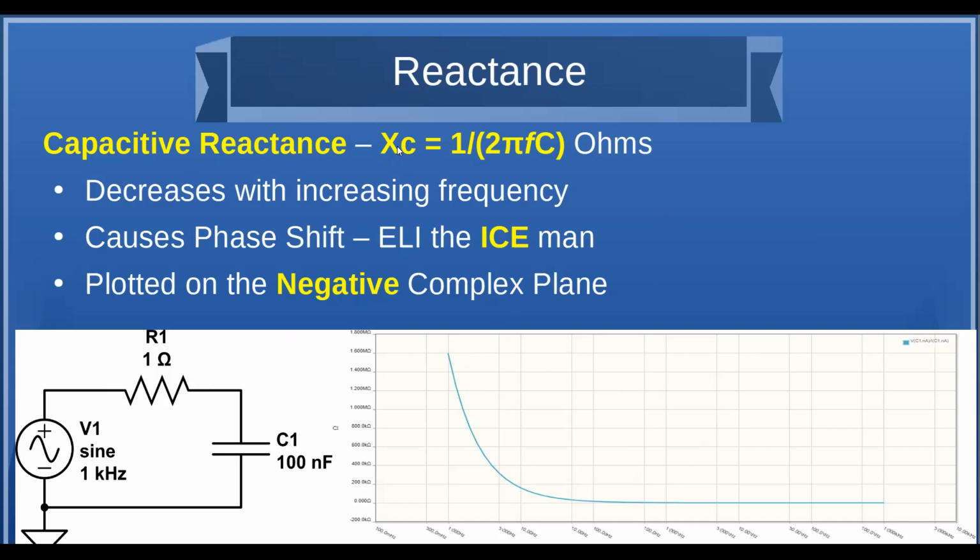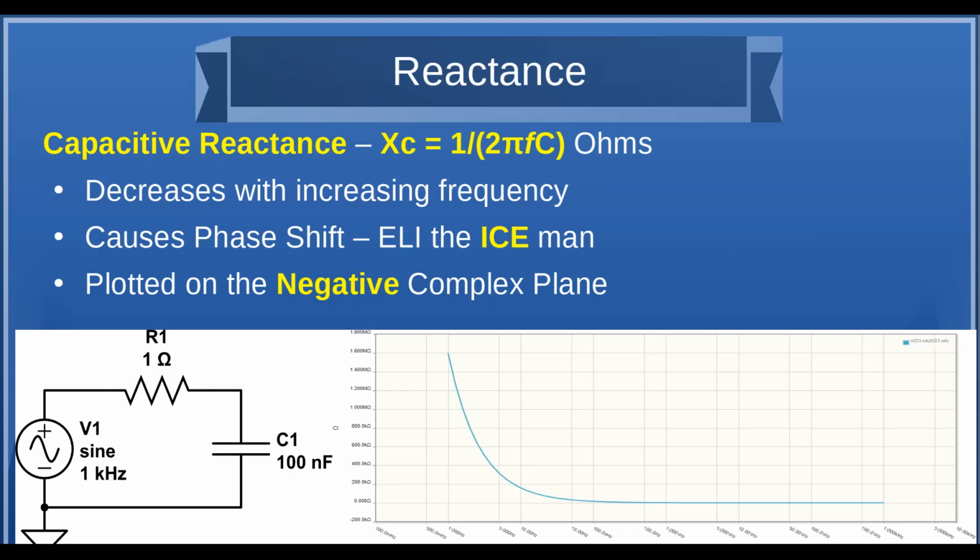When we calculate this reactance, X sub C, we plot it on the complex plane, and it will be negative. I guess we didn't mention, if you plot real numbers on a horizontal axis, we call that the real axis, and we plot imaginary or complex numbers on the vertical axis.